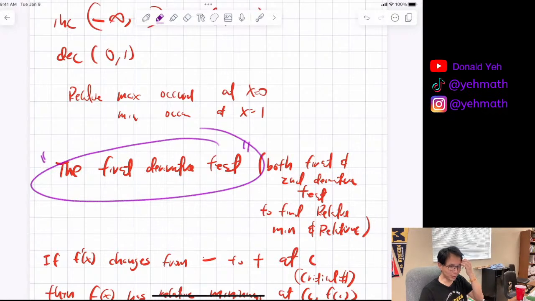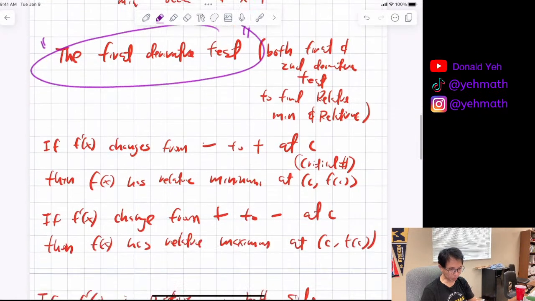But the first derivative test is some type of justification for relative max and relative min. Both the first and second derivative tests say the exact same thing, but in a different way. You're finding relative max and relative min, but using different means to find those things.